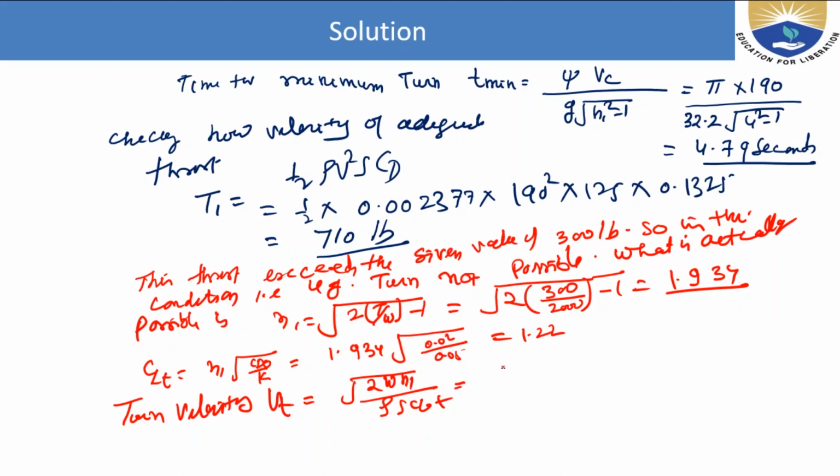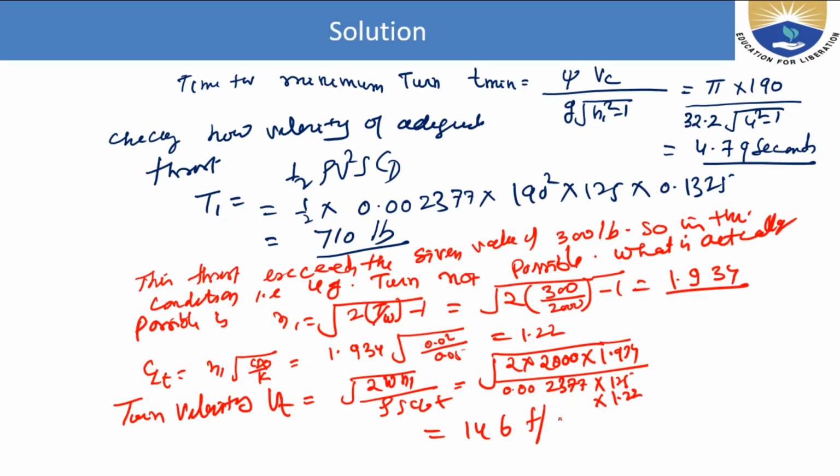So we will get here 2 into 2000 weight, N1 is 1.934 divided by 0.002377 rho, area is 125 into 1.22. This will get 146 feet per second.